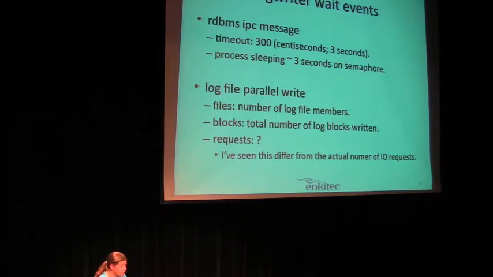For log file parallel write, files corresponds to the number of log file members, blocks to the number of redo blocks, and redo blocks are something other than database blocks. Redo blocks are mostly half a kilobyte, but you can look them up. And requests, I don't really know. I've seen this differ from the actual number of IO requests.